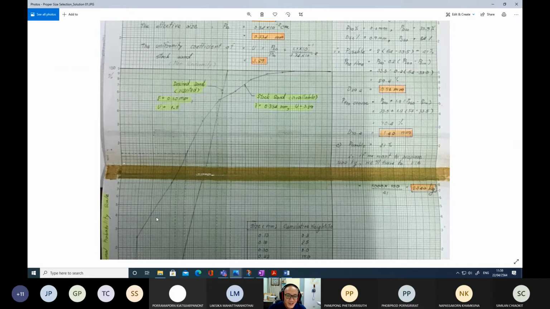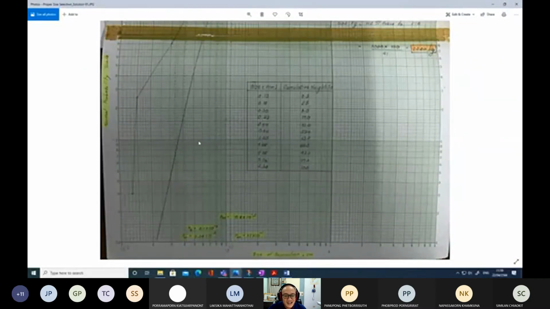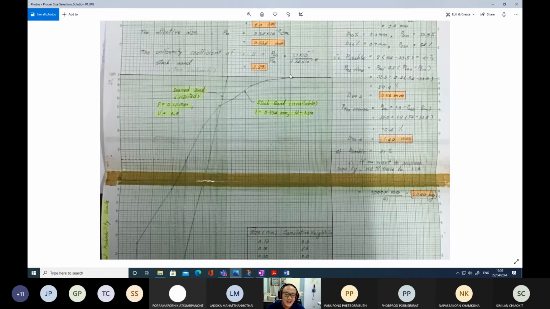For the natural sands, you just have to put this information into the graph. You put the size here on the x-axis, and then this is the normal probability scale on the y-axis. Just put the dots here and then plot this cumulative curve.